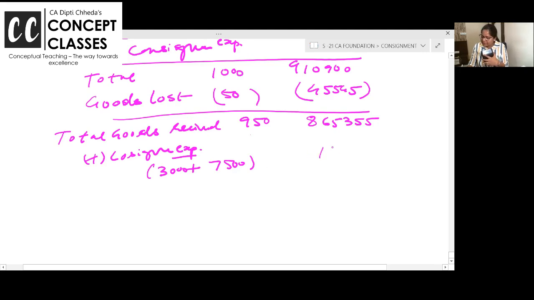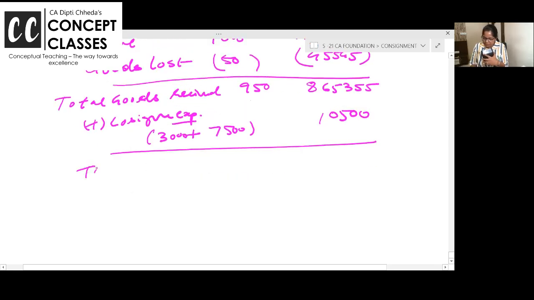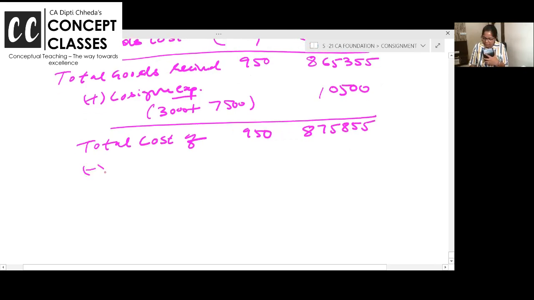So we will take 10,500 as consignee's expense. Total cost of 950 units is 8,75,855.